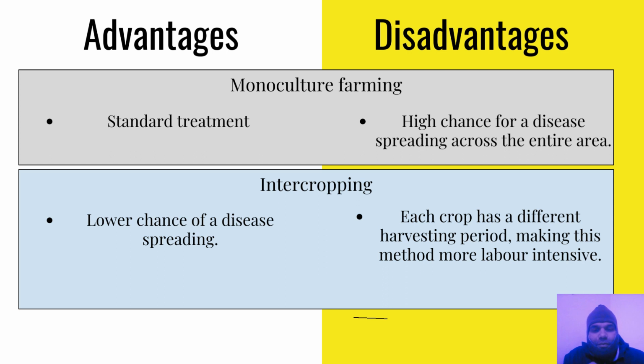Also, from the point of view of diseases, in monoculture disease can spread through the entire area because there is nothing blocking its spread. However, in intercropping, very often the diseases that affect one plant do not affect the other, and therefore intercropping prevents the spread of diseases.